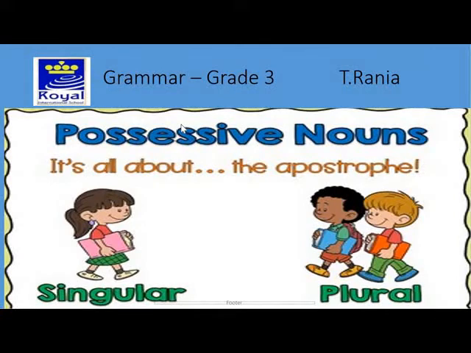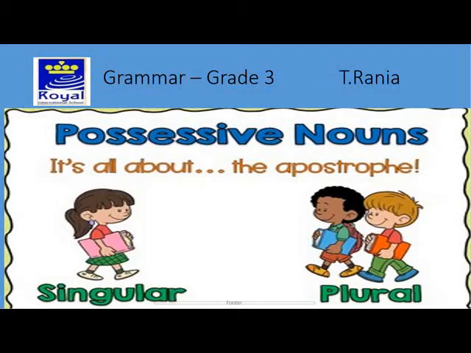For example, this is for Judy, or this is for Anna. So here possessive means a thing for someone. Let's see how we can combine all these words together to understand our lesson.